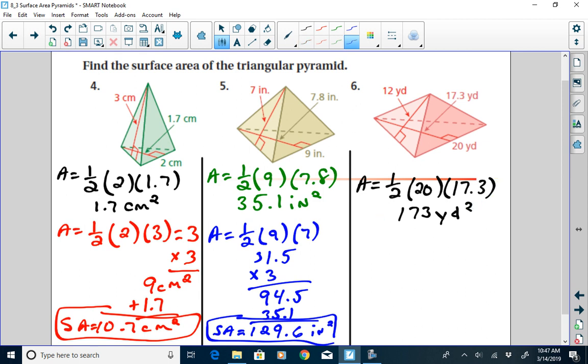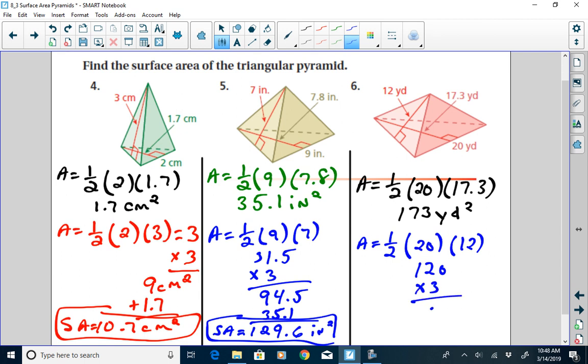Then I want to find the area of the lateral faces. Same formula because they're triangles, 1/2 base times height, but my base here is 20, right? So the base doesn't change, but the height of the face is 12. All right, so 1/2 of 20 is 10. 10 times 12 should be 120, but there are 3 of those faces, so I have to multiply that by 3.